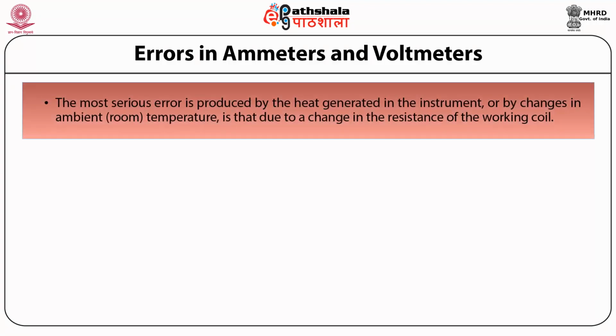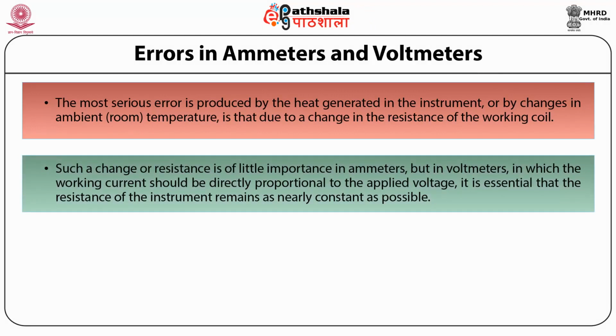The most serious error is produced by the heat generated in the instrument or by changes in ambient room temperature. Is that due to a change in the resistance of the working coil?